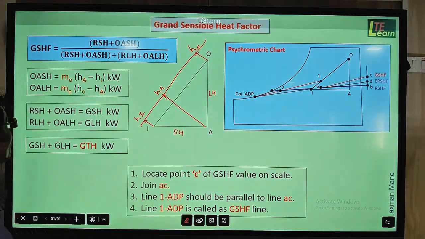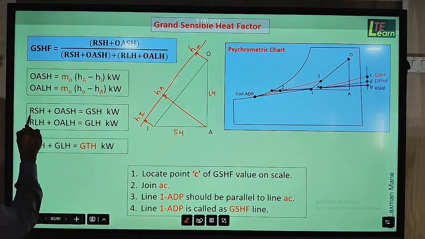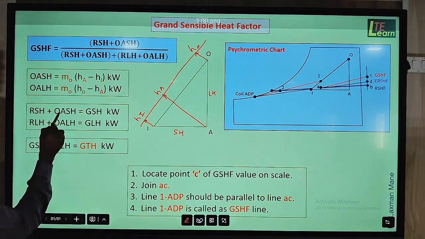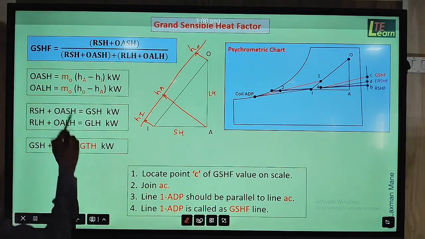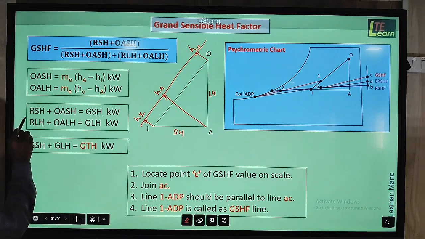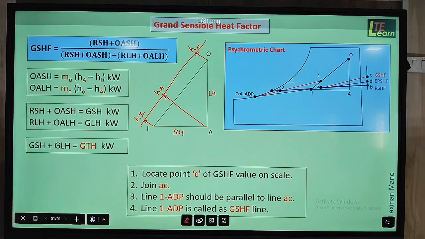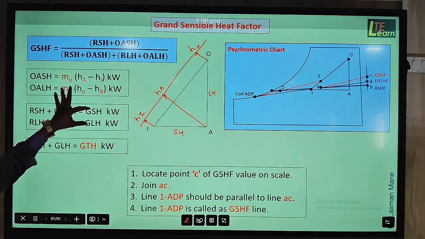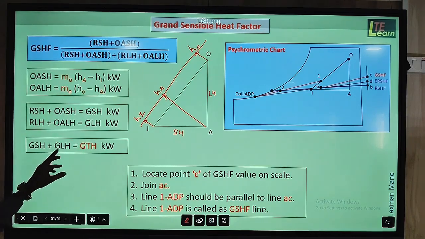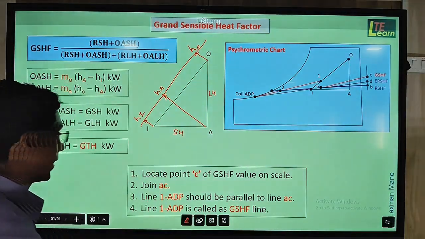Once we calculate these two, the addition of RSH plus OASH, both sensible heat, together we call the grand sensible heat. Similarly, the room latent heat and outside air latent heat together are called the grand latent heat. The summation of these both loads, grand sensible heat and grand latent heat together, is called the grand total heat, in kilowatt.